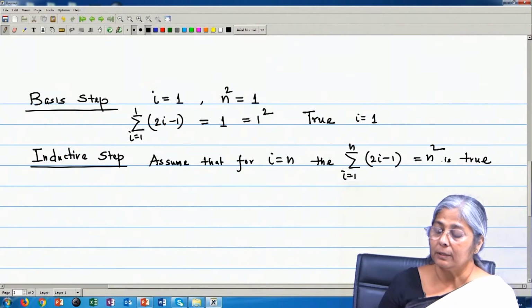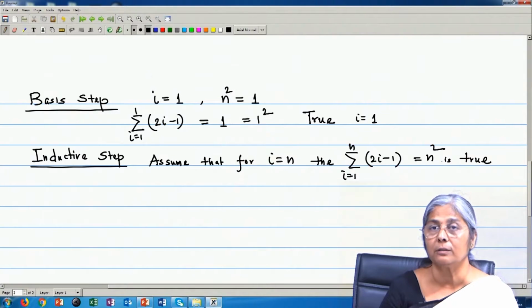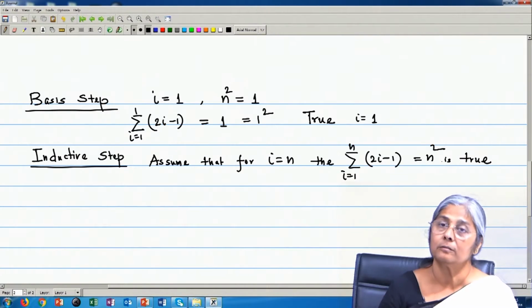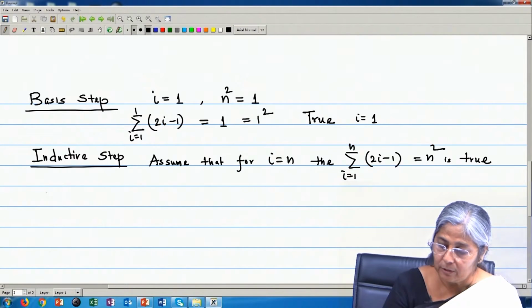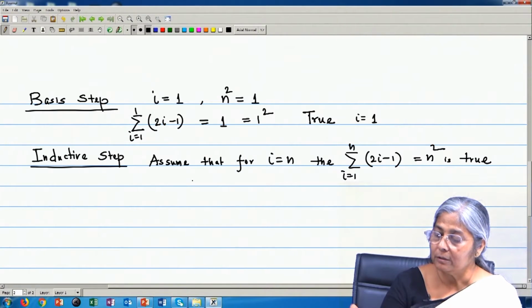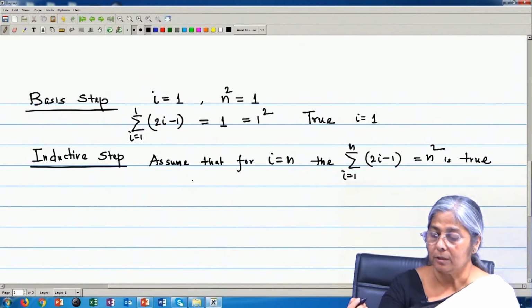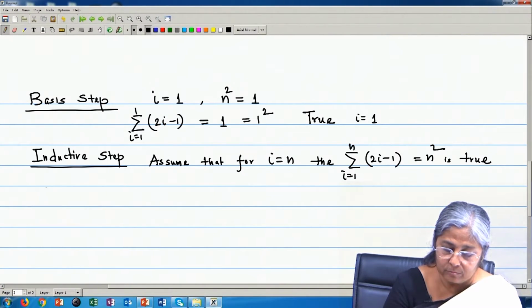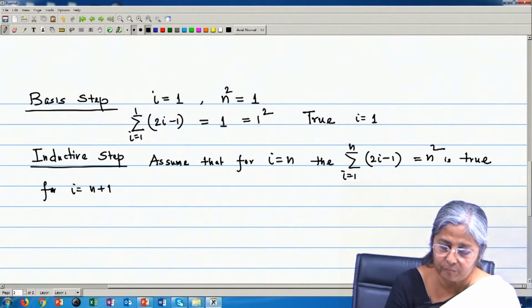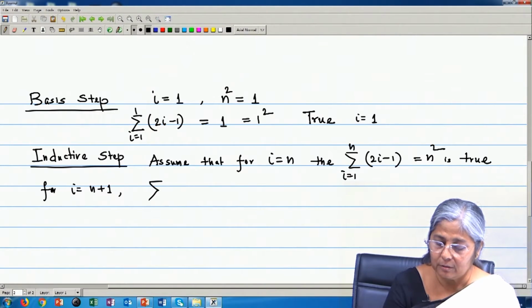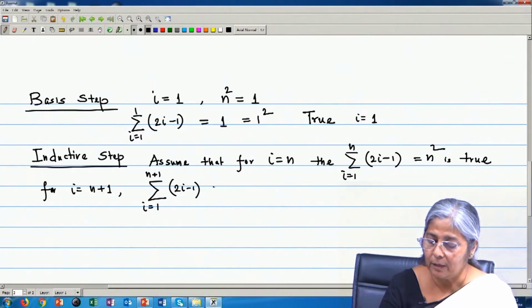We have to show that for n plus 1, the formula is true. So, assuming it is true for n, for n plus 1, what is our expression? Our expression is the sum for i equal to 1 to n plus 1 of 2i minus 1.